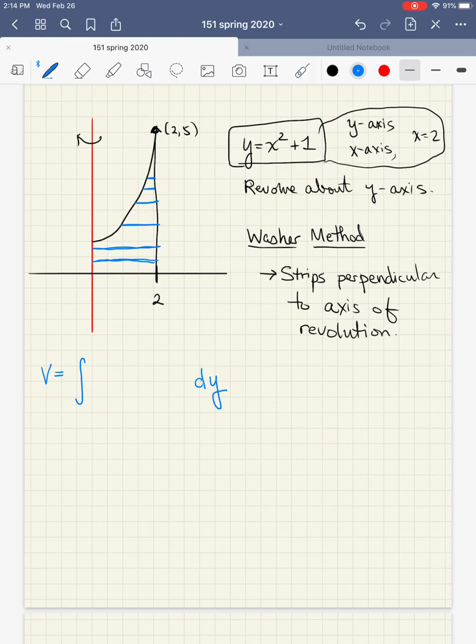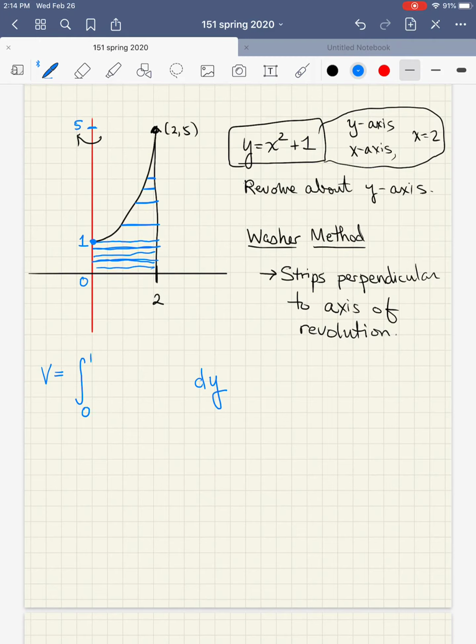One thing we notice is that we have a different kind of behavior from y equals 0 to y equals 1 than we do from 1 up to 5. Down here, until we get to 1, these strips all have the same length. So this region, if we revolve it around the axis, is just going to give us a solid cylinder.